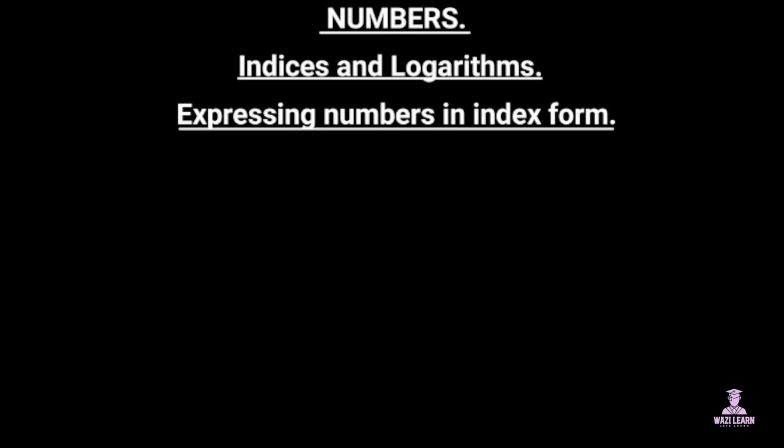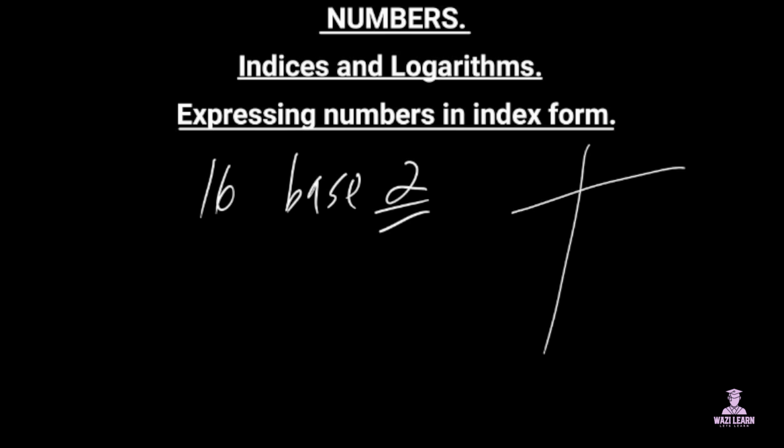Let's say now you are given: express 16 in index form, with the base to be 2. This just means you ask yourself, how many times can 2 be multiplied by itself to get 16? And this one we can get from the prime factors of 16.